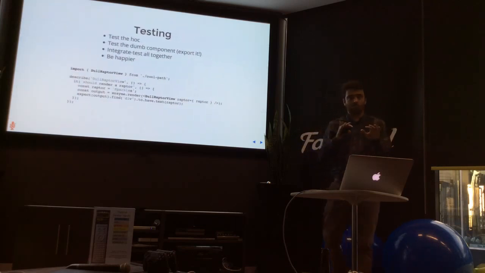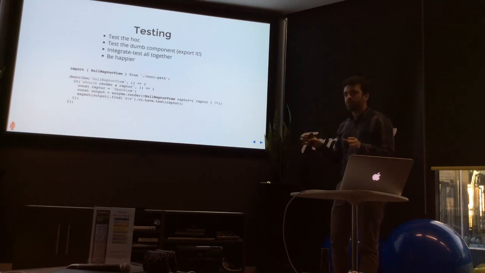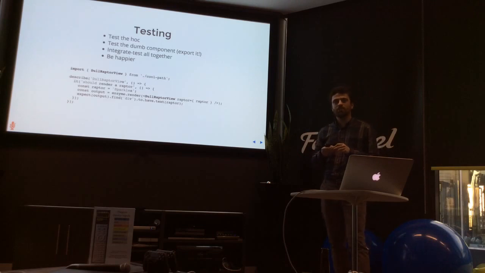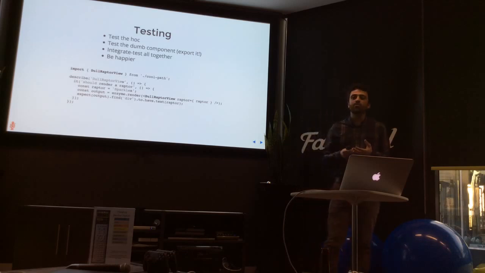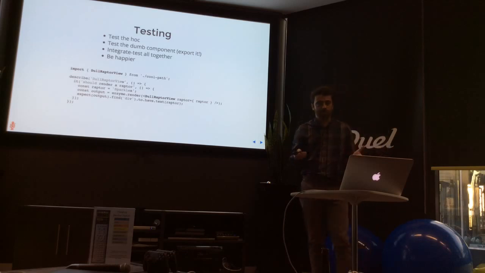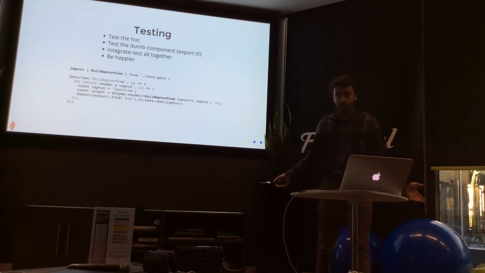And you test it in isolation, without anything else, and then you test the dumb components. Because the hooks inject props into the dumb components, you don't need to test them both together. You don't need to test how the state works in a dumb component because it's trivial.